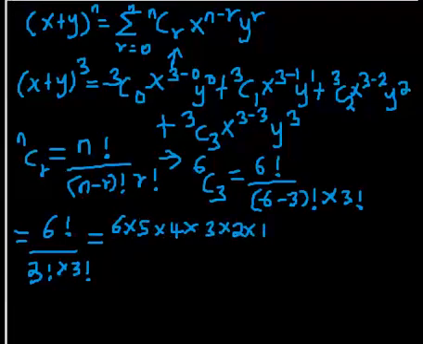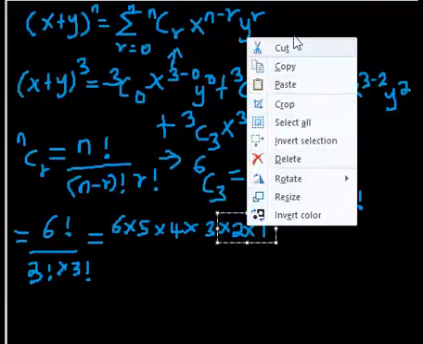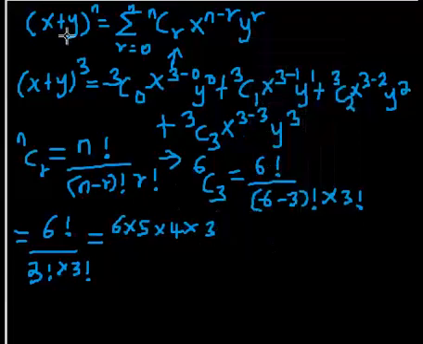But I'm not going to actually multiply 6 factorial to the end. I'll stop at 3 factorial because the denominator has 3 factorial, so that it can easily cancel out to make my calculation very easy.